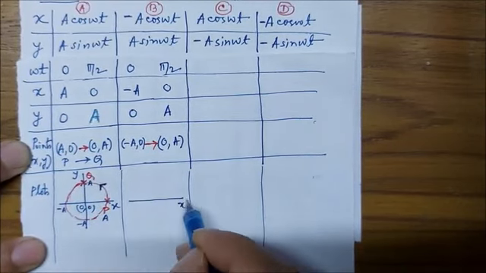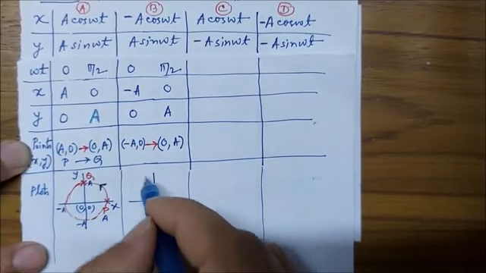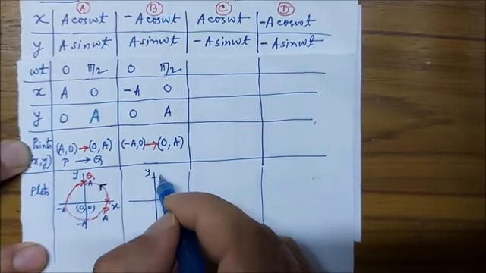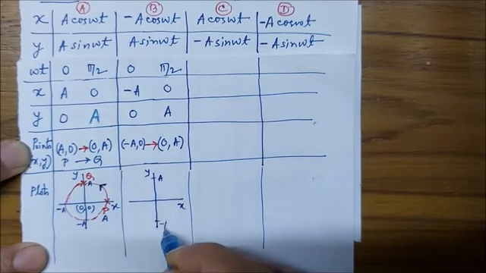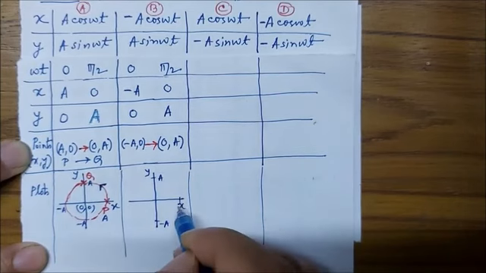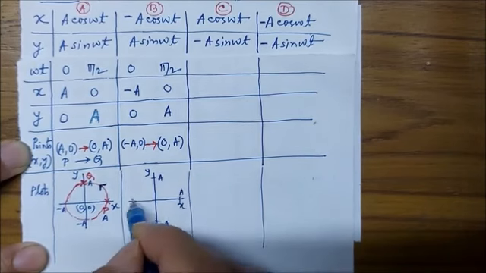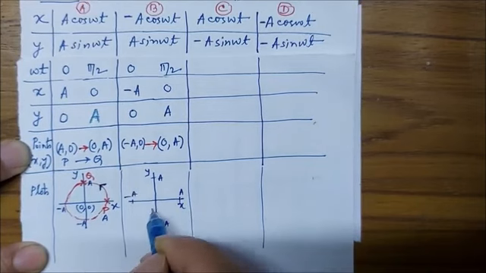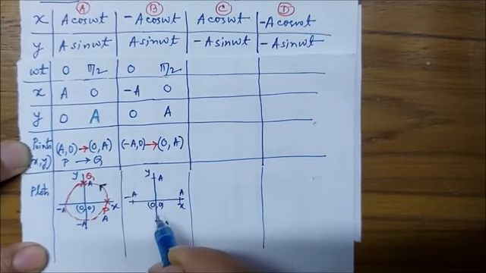This is the x-axis, this is the y-axis, this is a and minus a along y, and this is a and minus a along x, and this is the origin (0, 0).